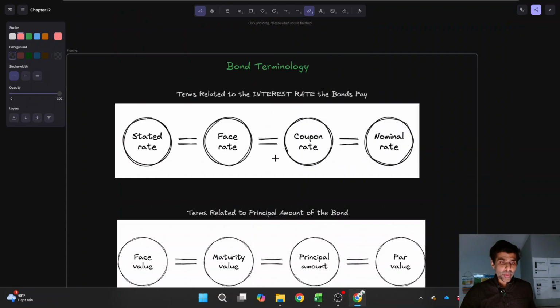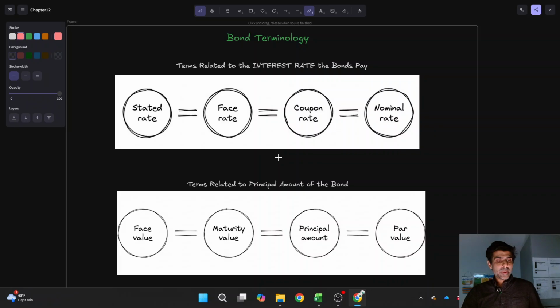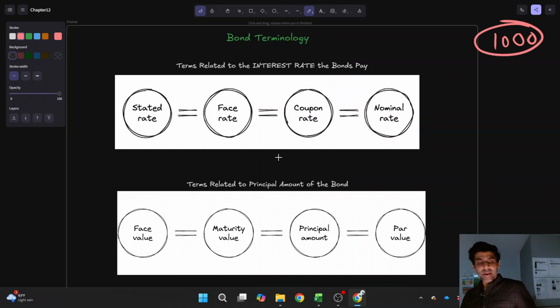So, some terminology. The bond, as I said, has a schedule. There's going to be some principal, and an interest rate that the bond is scheduled to pay. Let's say it's a treasury bond with $1,000 of face value, meaning the value of the bond is 1,000, and a 5% coupon rate. Let's say it makes yearly payments, and at the end they will pay back your principal.